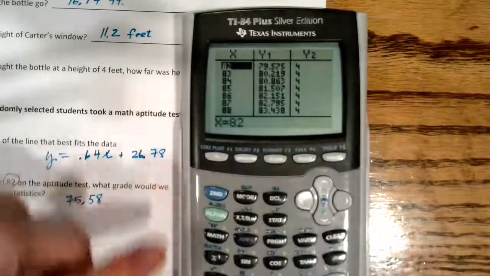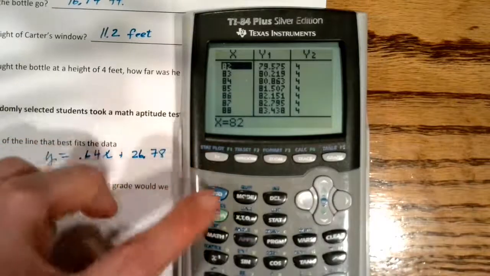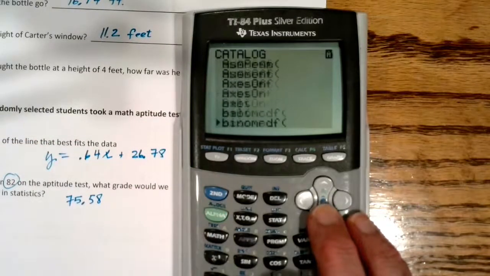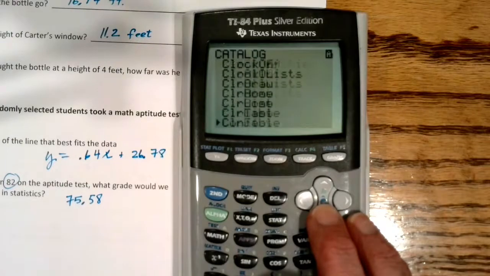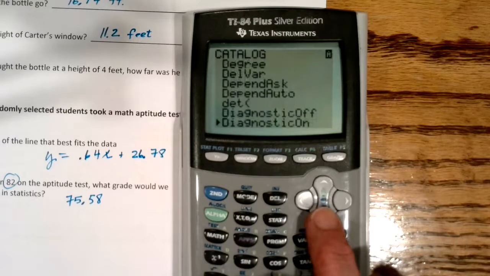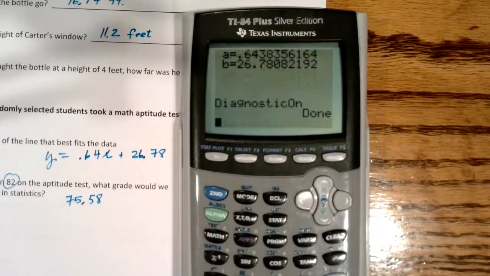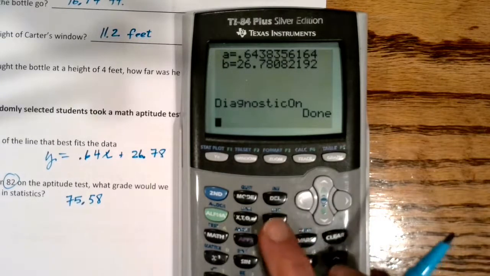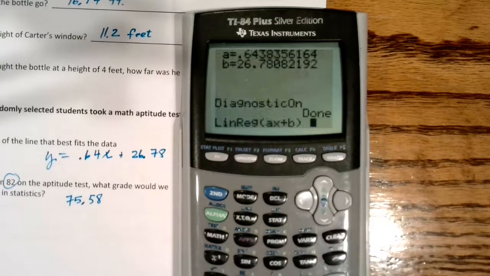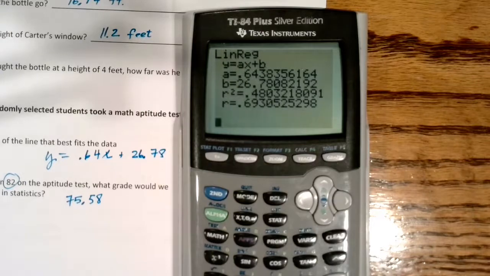I can go ahead and go to my catalog, go down to diagnostic on, choose it, enter to choose it, enter to run it, redo my statistics, second calc, LinReg. 69%, not a good grade on a test, not a good R correlation.